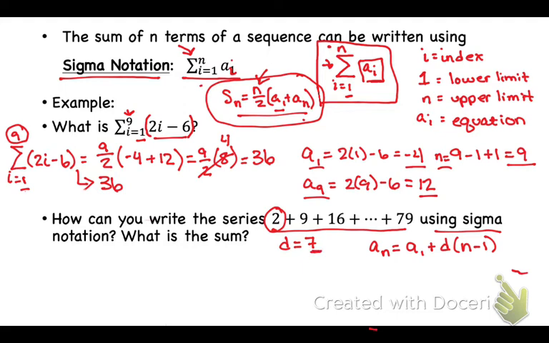Yes. Okay, so I have 2 plus n minus 1 times 7. So I get 7n minus 5. Is that what you guys get? Did you get that?